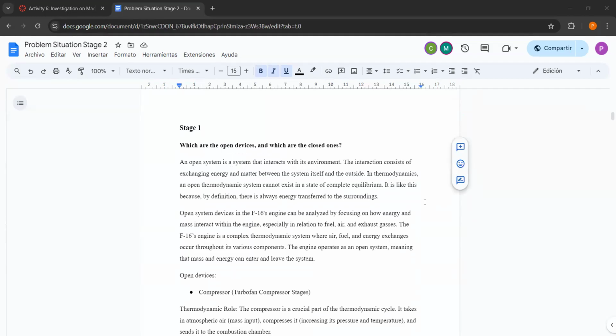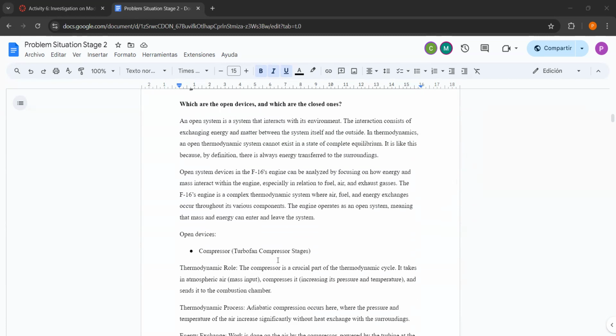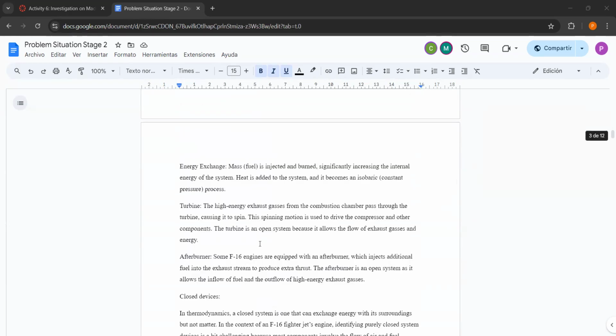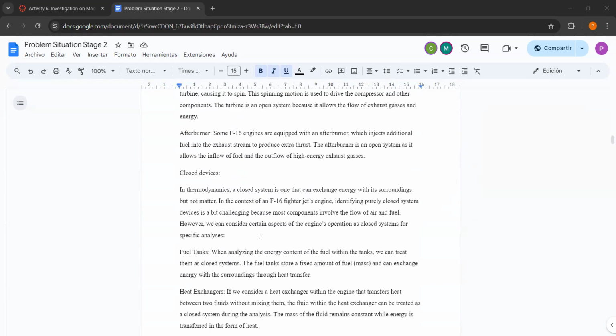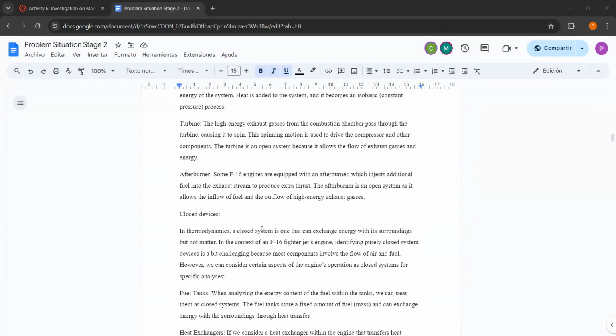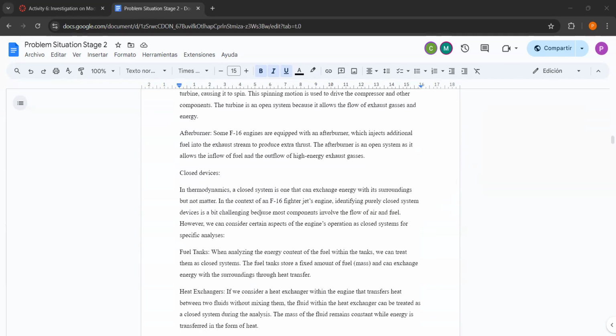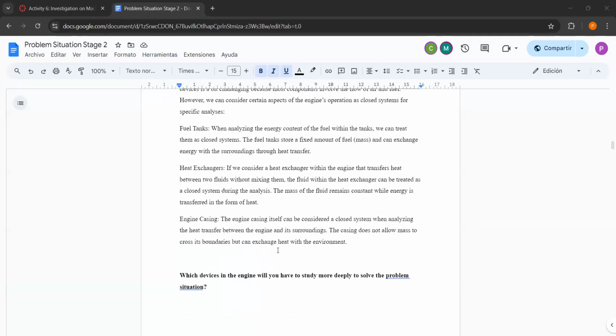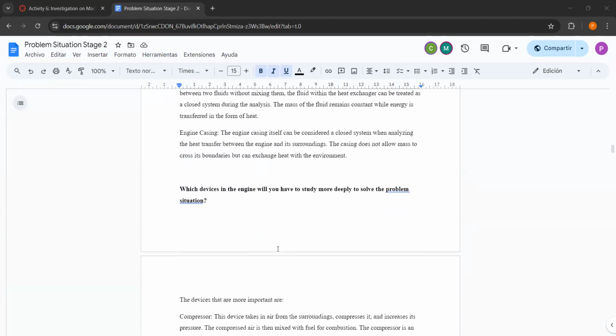So first of all, we determine which components are the closed and the open devices. We can see that the open devices are the compressor, the combustion chamber, and the energy exchange, turbine, afterburners. So now, talking about the closed devices, we have the fuel tanks, heat exchangers, engine casing, and that will be all.